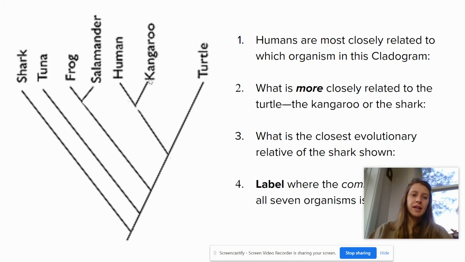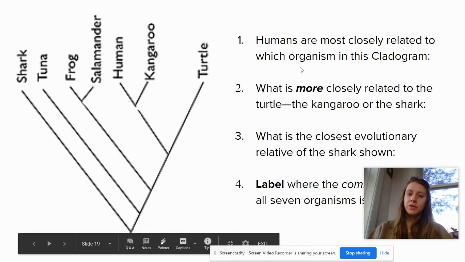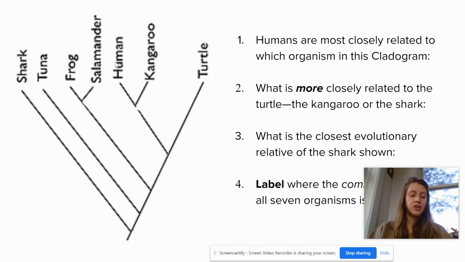There are a lot of questions. I'm going to work through these 4 questions with you, and they are the same 4 questions as the ones in your guide. Humans are most closely related to which organism in this cladogram? We want to find humans, and they are here on our cladogram.